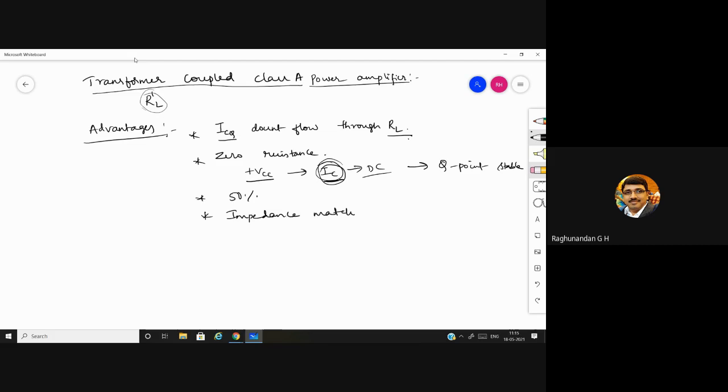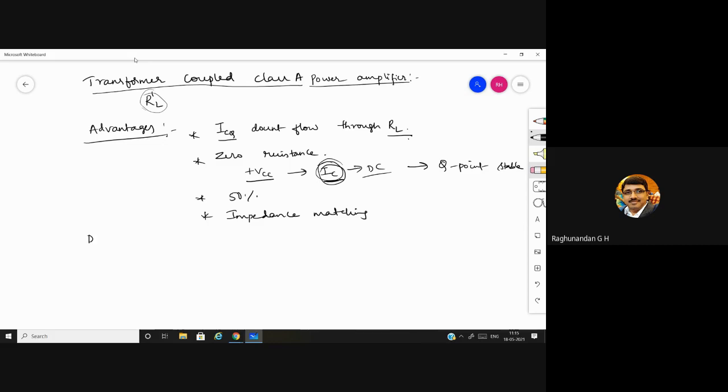Since we are using the transformer, impedance matching for maximum power transfer can be easily achieved, because by adjusting the turns ratio of this transformer, we can adjust it. So impedance matching will be done, and maximum power transfer is possible.